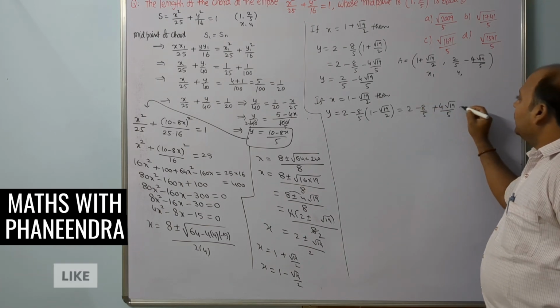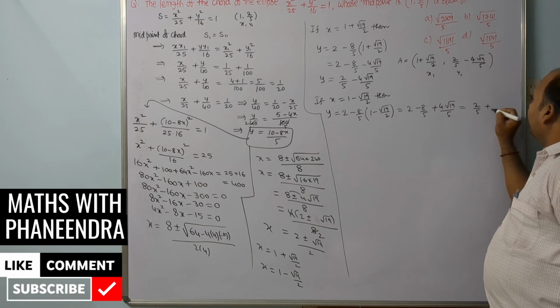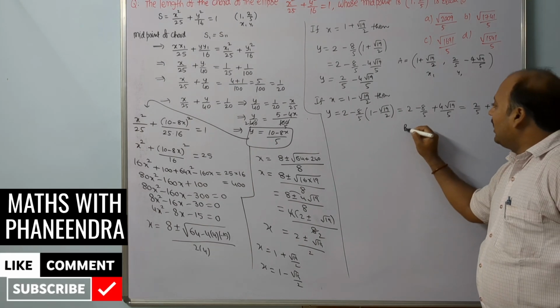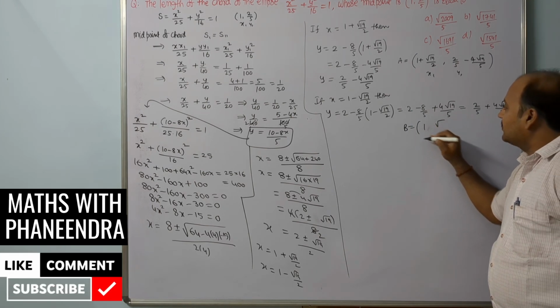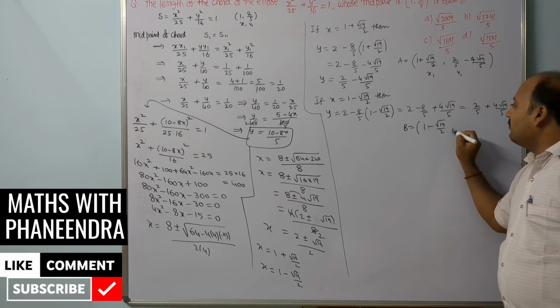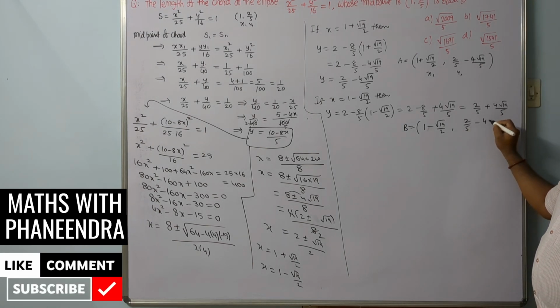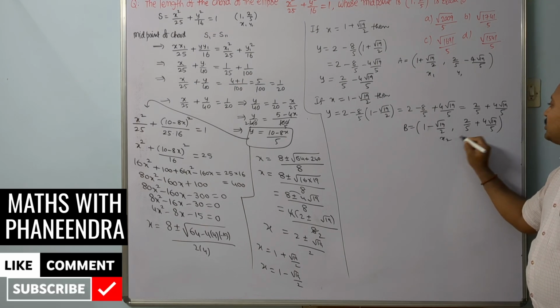Again, 10 minus 8 is 2 by 5 plus 4 root 19 divided by 5. Therefore, B is (1 minus root 19 by 2, 2 by 5 plus 4 root 19 by 5). This is x2, y2.